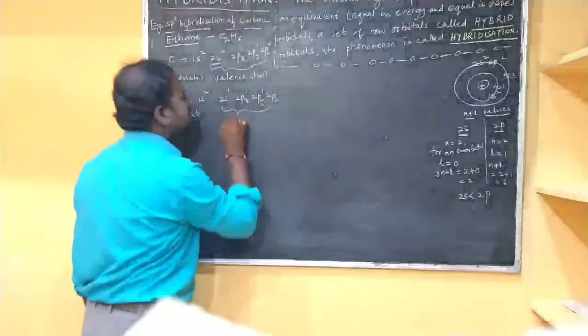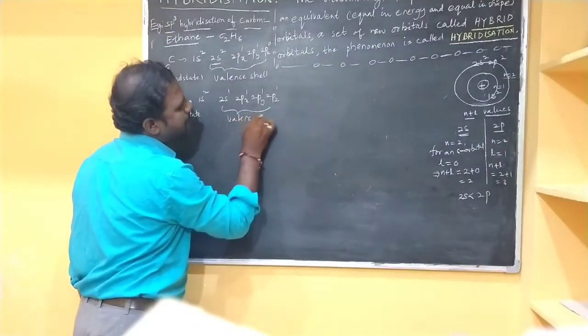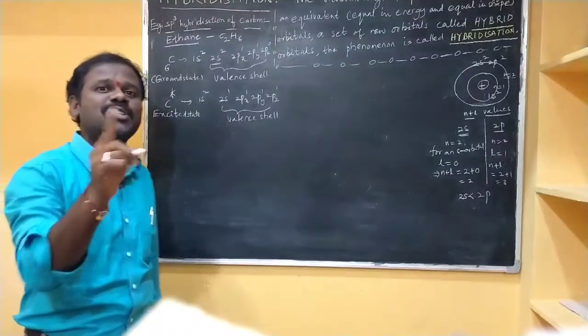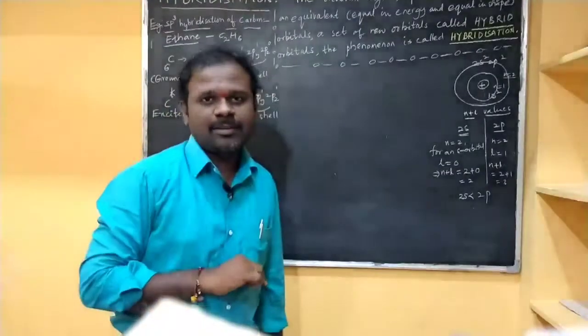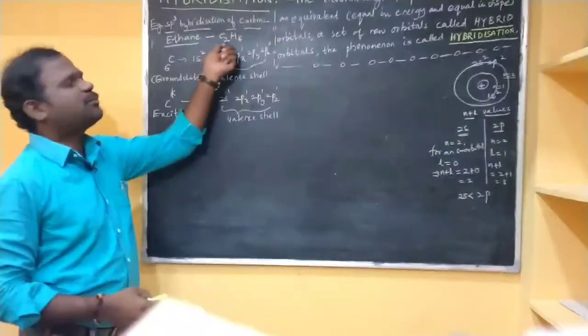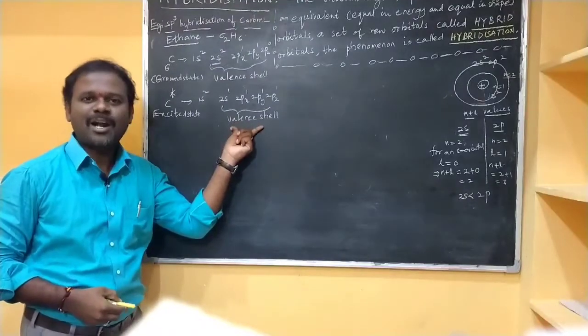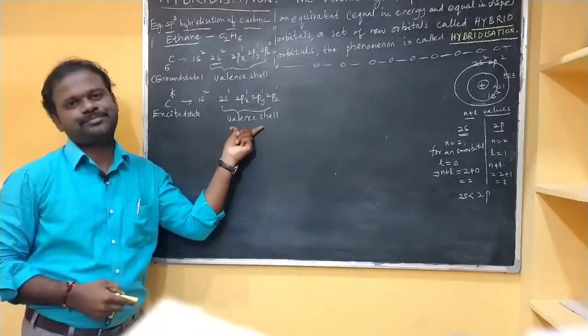Clearly, this is known as the valence shell, in which the number of unpaired electrons is equal to 4, because carbon's valency is 4 now. So that's why we should get the number of unpaired electrons equal to 4.